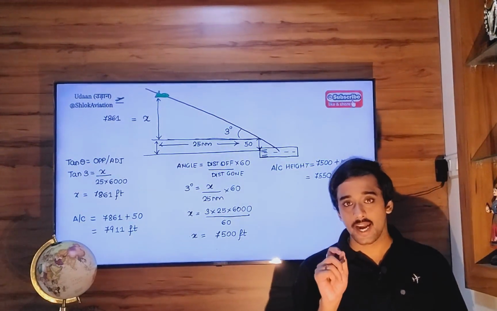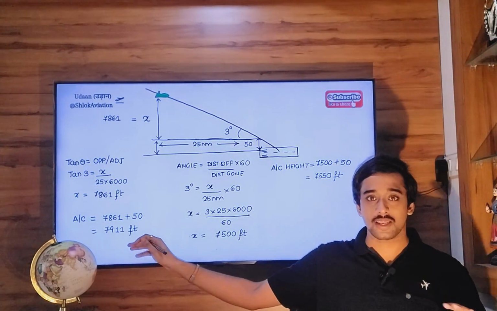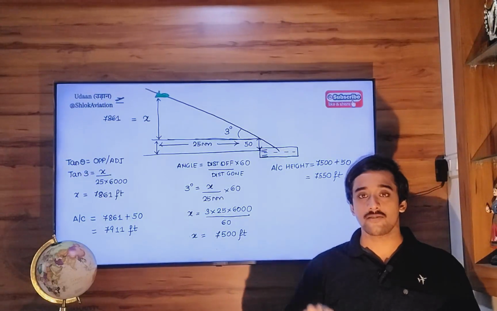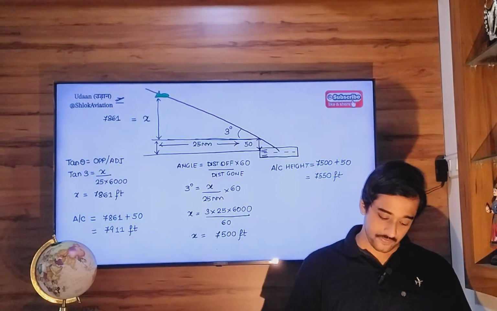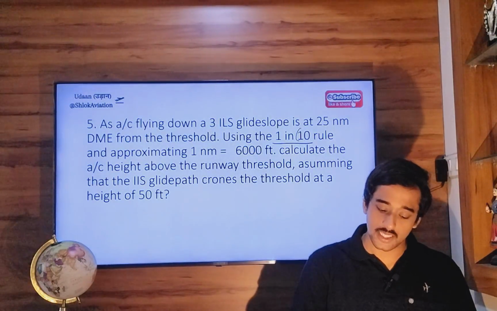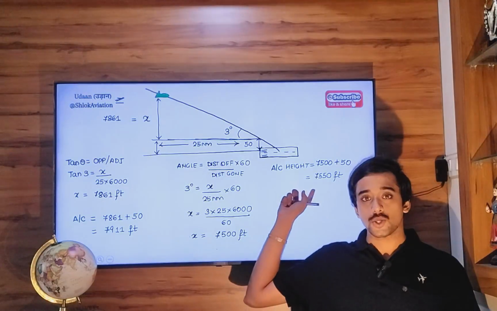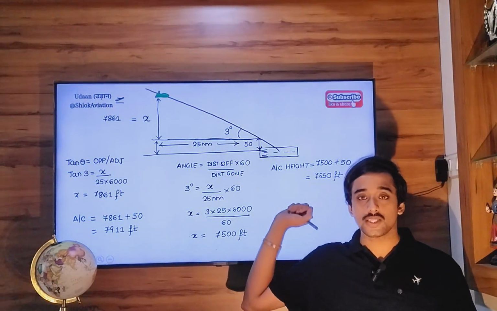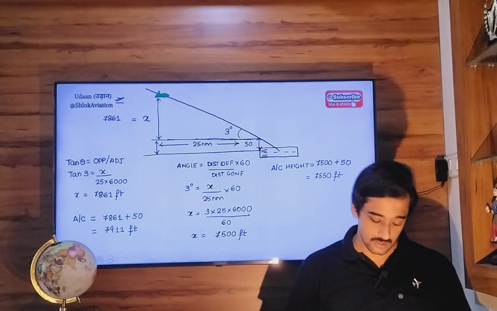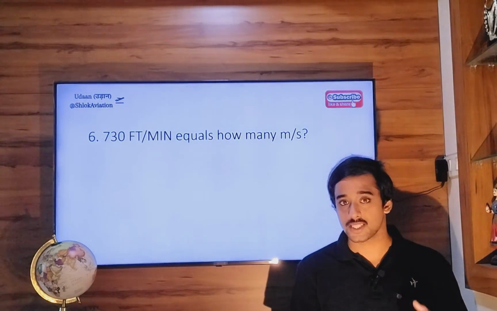So you are going to select that option which is closest to either of these two values, 7,900 or 7,550. Now here they have asked you to use the 1 in 60 rule, so use the 1 in 60 rule formula and select that option which is closest to this 7,550 value.